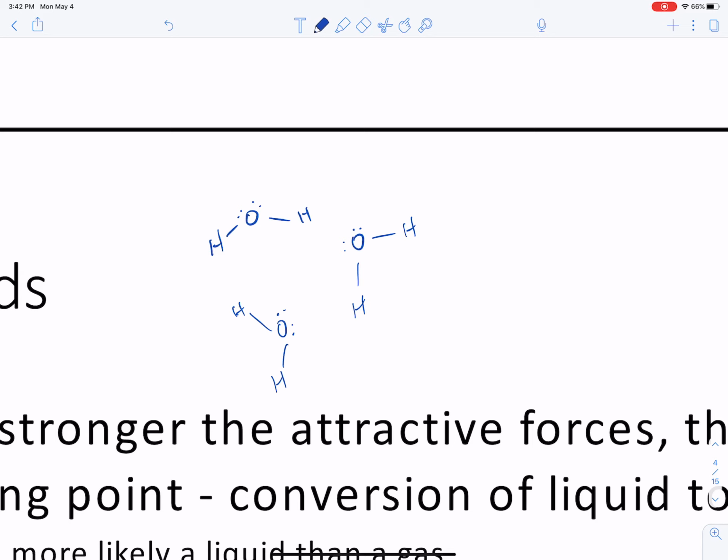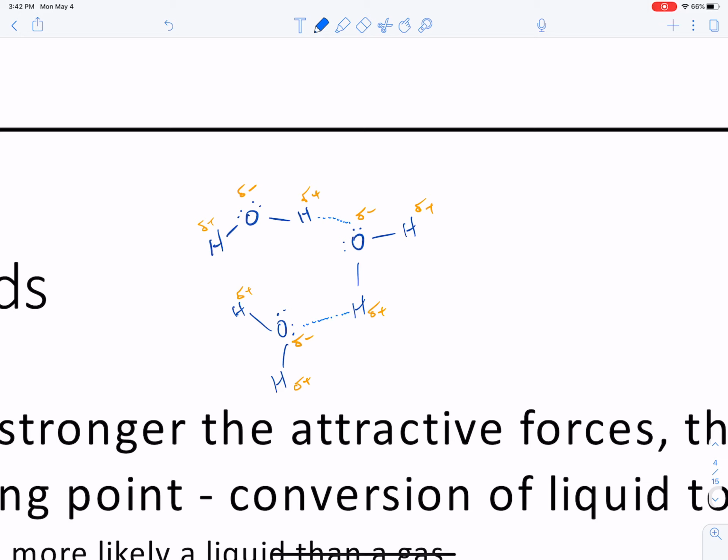Be simple. These water molecules, each one of these oxygens has a negative charge. And each one of these hydrogens has a little bit of a positive charge. You remember the delta plus, delta minus? Okay? As a result, the positives can be attracted to those negatives, and the negatives can be attracted to the positives.